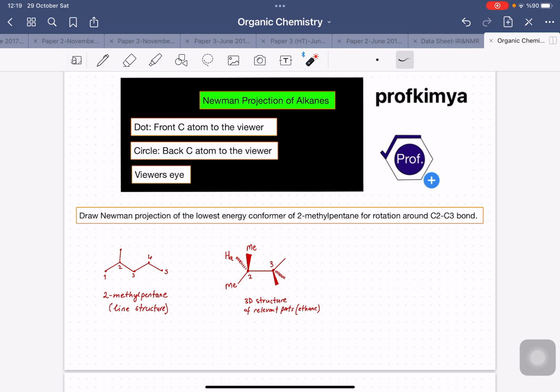Okay, let's look at number 3 carbon atom. Number 3 carbon atom has an ethyl group, 2 carbon atom. This is ethyl group. Okay, I will put this ethyl group in the plane of the screen, and this carbon atom has 2 hydrogen as well.